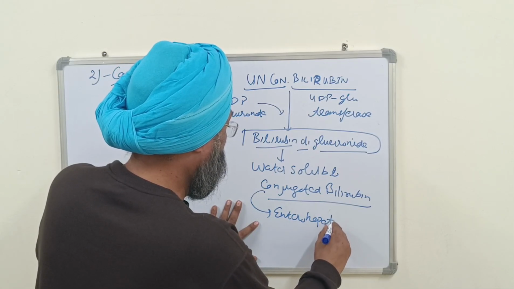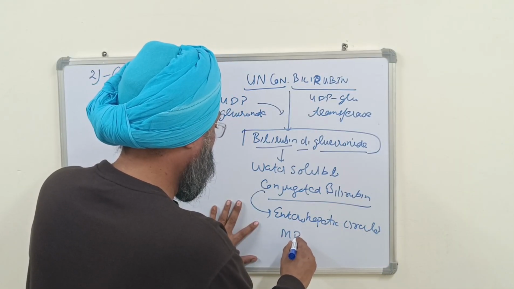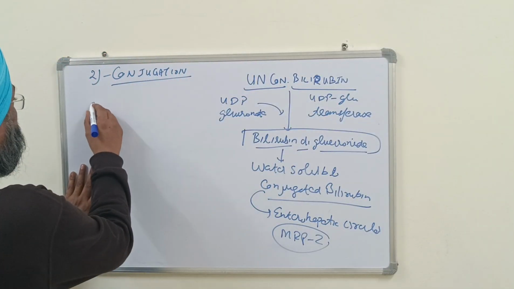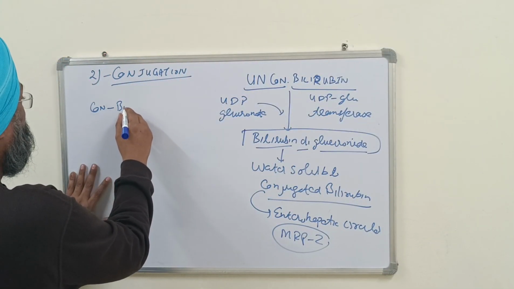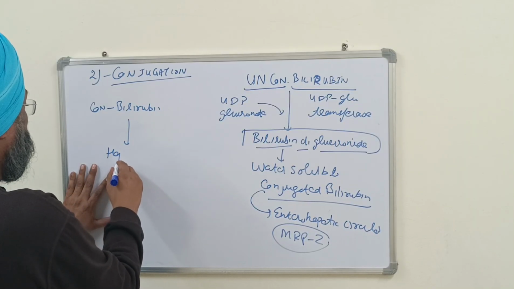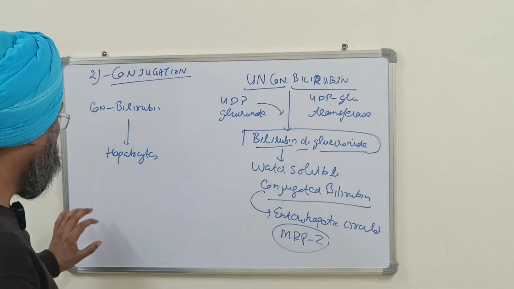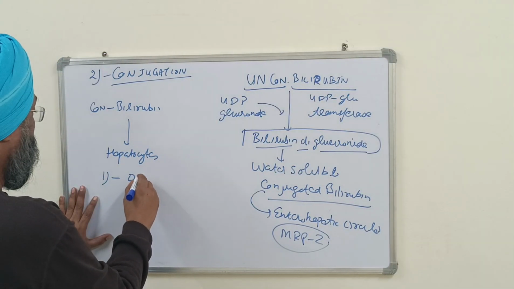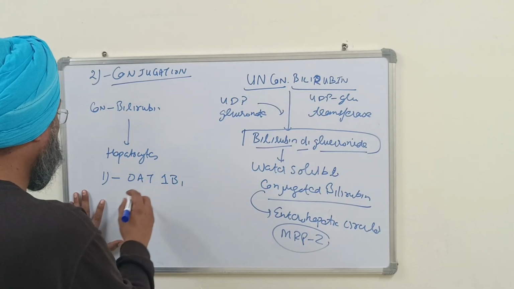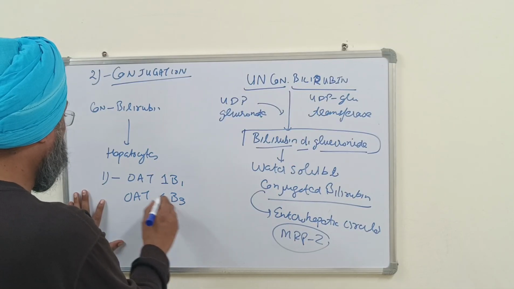Now some part of this conjugated bilirubin can enter enterohepatic circulation via multidrug resistance protein 3. This conjugated bilirubin is again taken up by hepatocytes via organic anion transporter 1B1 and organic anion transporter 1B3.